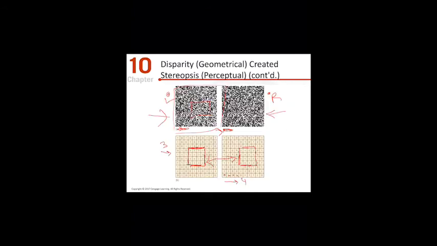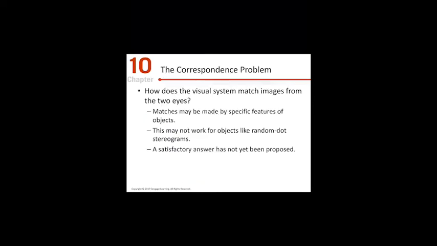Even though you're sitting here looking at the stereogram and the two images are very similar, if you look back and forth, it's hard, but not impossible, to see that there are differences there and to look at the details of the stereogram. So it's very difficult for us to explain this. And really, no absolutely satisfactory answer has been proposed to explain the correspondence problem, to say how we're able to match these two images coming from each eye and see fluidly.